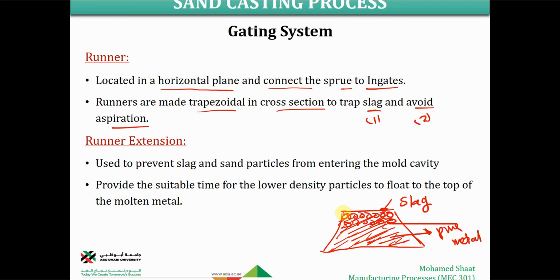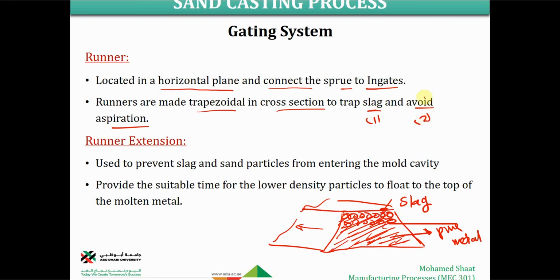Consider that this is the extension of the runner, and the molten metal goes in this direction, right? So the molten metal, the pure one, is going to keep going at a low level, and the slag is going to be trapped and collected on the top of the runner. This is one of the functions of the runner, and that's why it is somewhat long.